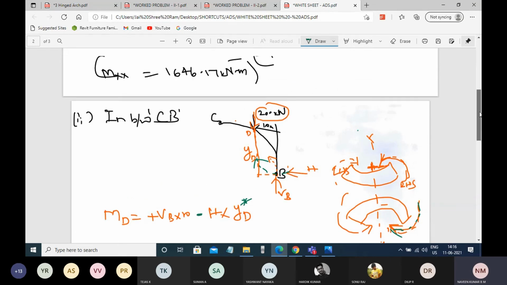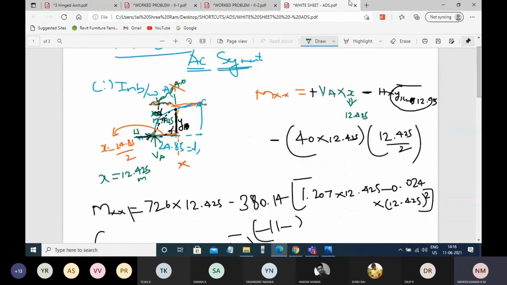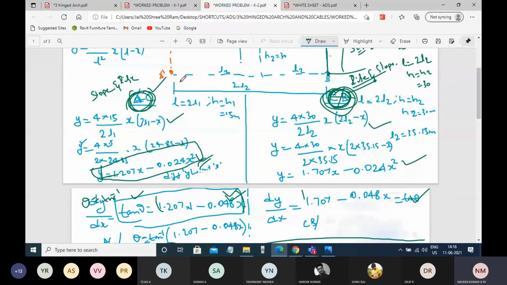So I hope it is clear now why we calculated the rise as well as slope equation separately for AC segment as well as CB segment. For the first unknown, you require the slope equation only for AC segment, but in order to find maximum bending moment, you require the rise equation as well as slope equation.